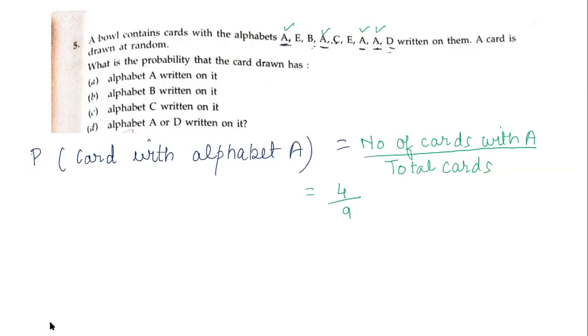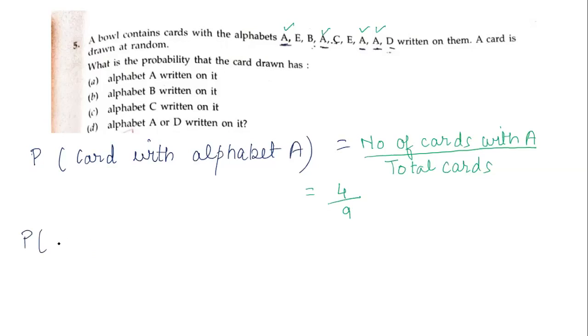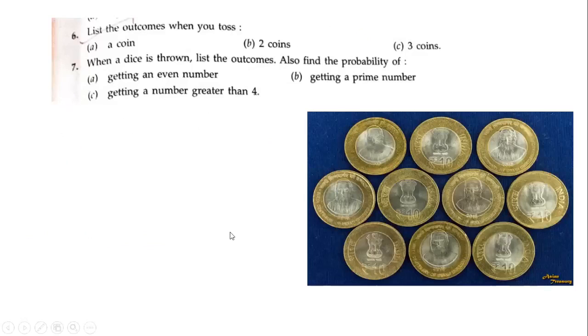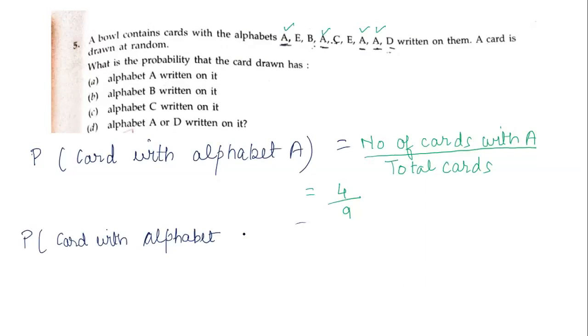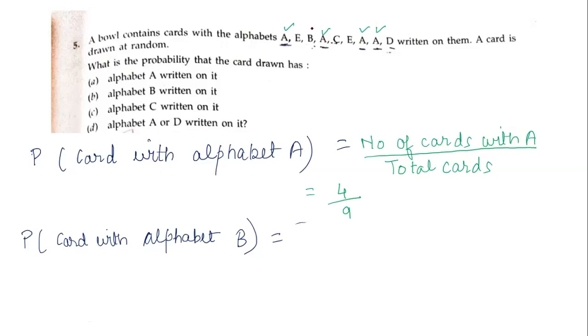So next is probability of a card with alphabet B written. अल्फाबेट बी वाले कार्ड्स कितने? देखिए बी वाले हैं 1, only one card is with alphabet B written.